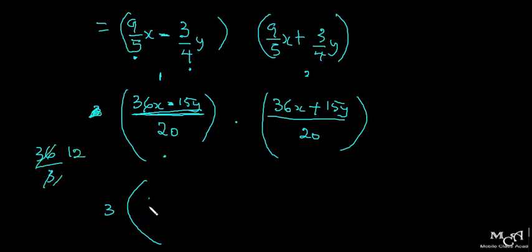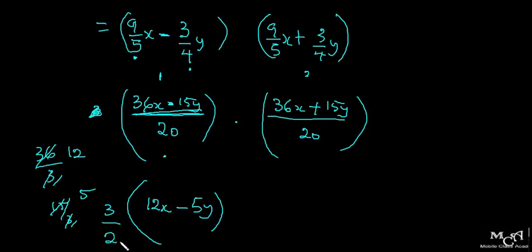So we are left with 12x, right? Minus 15 over 3: 3 goes in 15 five times. So we are left with minus 5y. This 20 is common to both x and y.